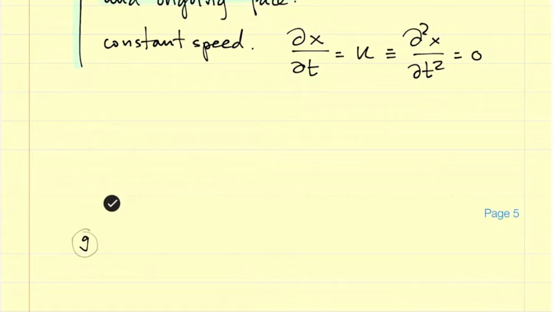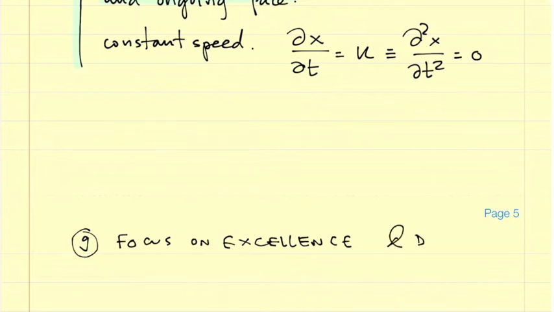So then number 9, we need to focus on excellence and design. Focus on excellence and design. And here there are a couple definitions for excellence, and everybody knows maybe intuitively what is excellence.